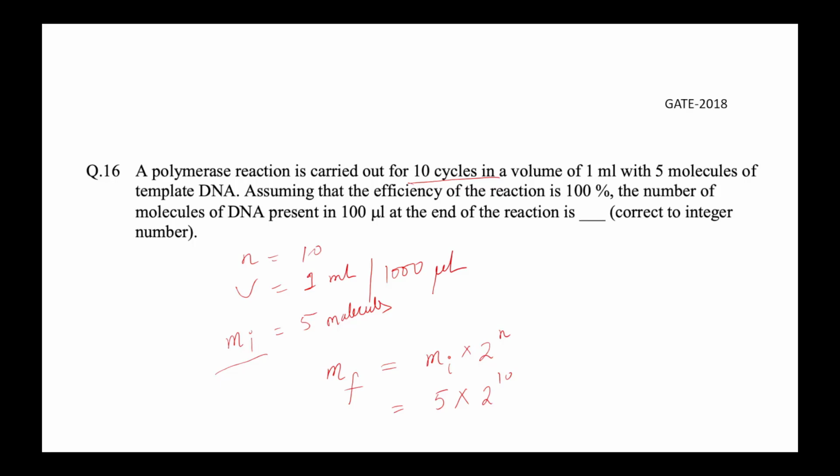If we solve this, we'll get 2 to the power 10, which is 1024, multiplied by 5, and we get 5120.